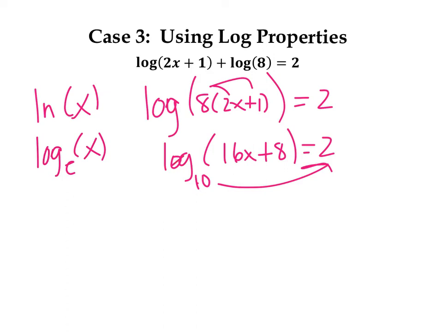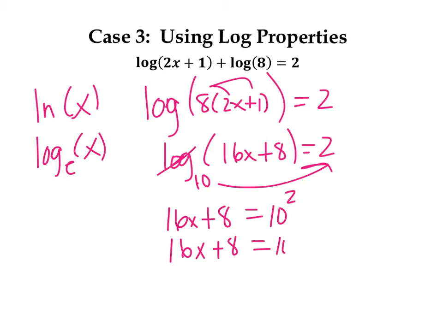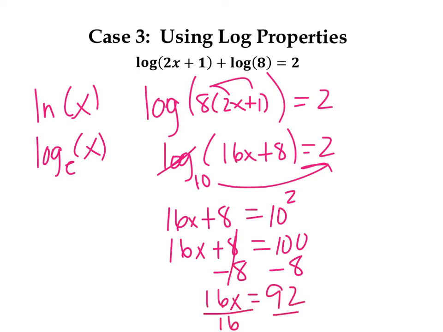The log disappears. We have 16x plus 8 equals 10 squared. 10 squared is 100. So 16x plus 8 equals 100. Solve for x. Move it over to the other side. 16x equals 92. When you divide both sides by 16, you're left with x equals 6.